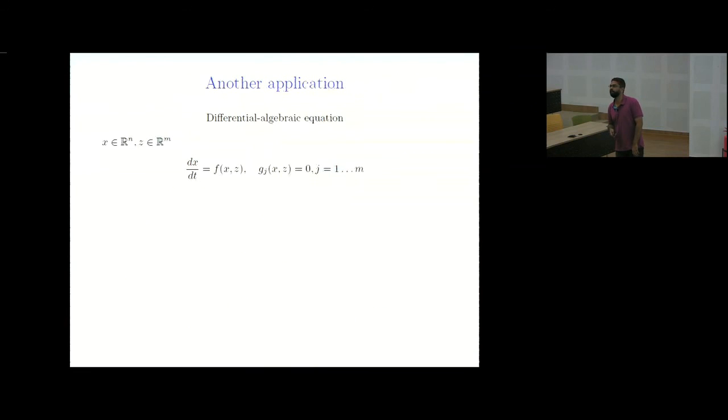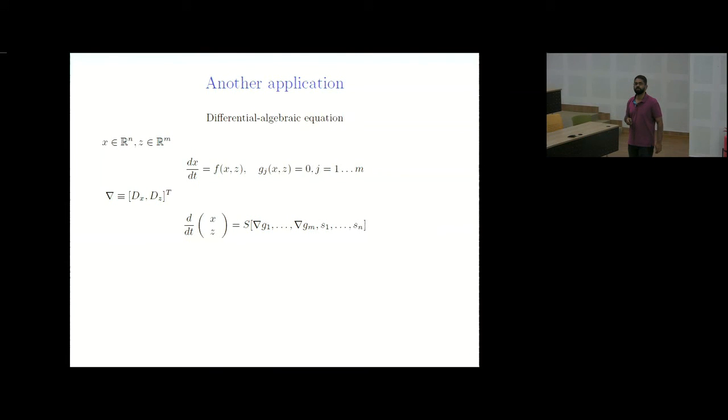And in the last minute, I'll just briefly mention what I'm nowadays looking at, which is how do you write differential algebraic equations in this form? A differential algebraic equation is one where you have a differential equation and some additional constraints. Now the differential equation has a parameter z, and x and z are related by these constraints.